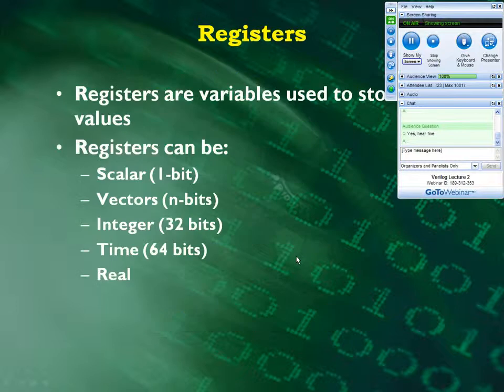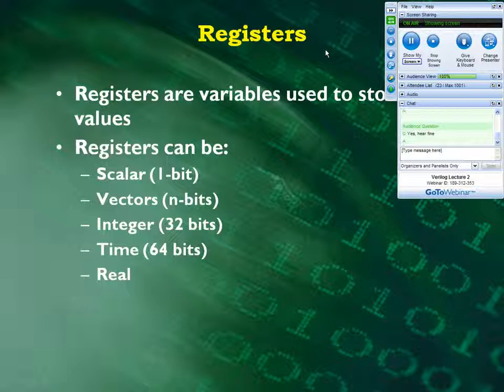So today we're going to have lecture 2, and we're going to start off where we left off last time. We're going to talk about registers and also memories. Then we'll talk about size of operations, because that's important in all that you do in your code.